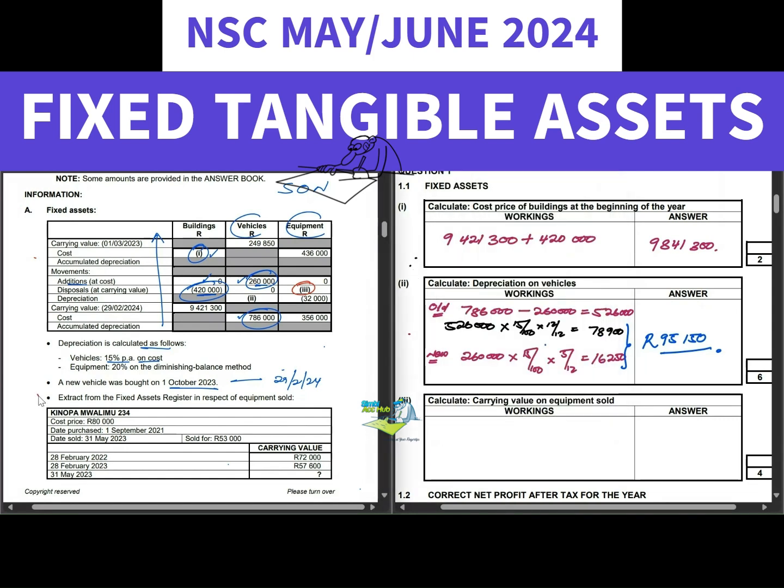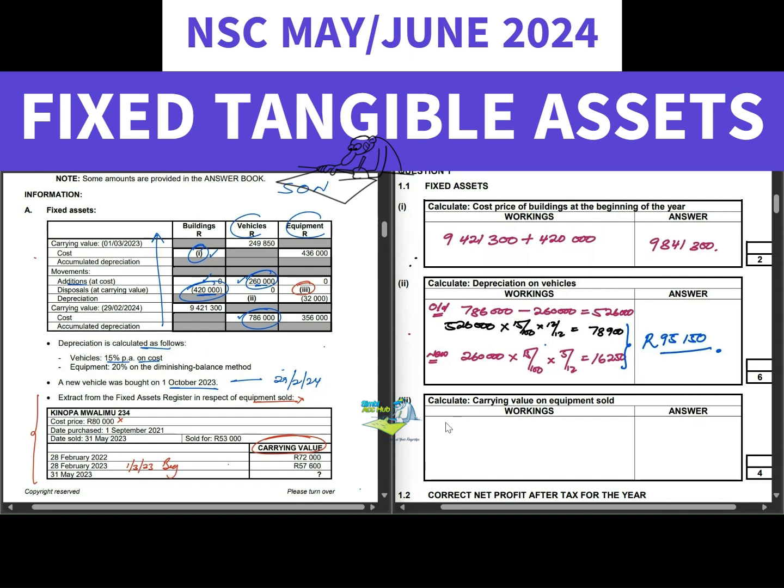If we come to this information here, we are told this is an extract from the fixed asset register in respect of the equipment sold. So it had a cost price, and then here we're given the carrying value. This is the carrying value as of 28 February 2023, which is the same as the 1st of March 2023. That is the beginning of the financial year.